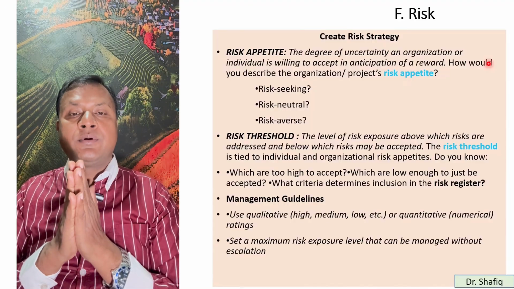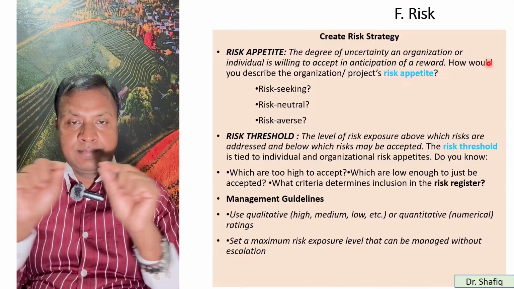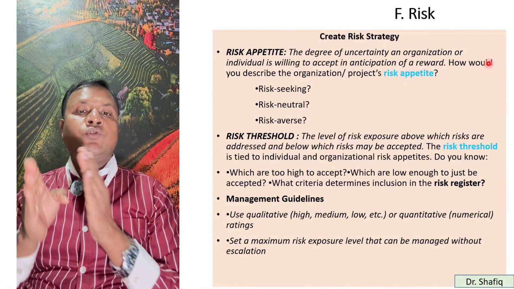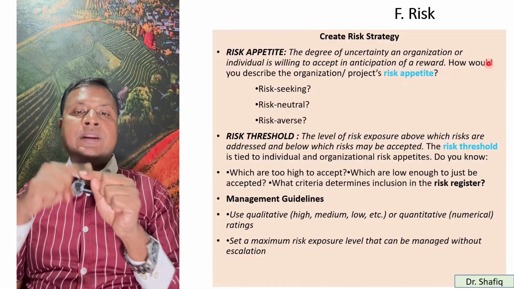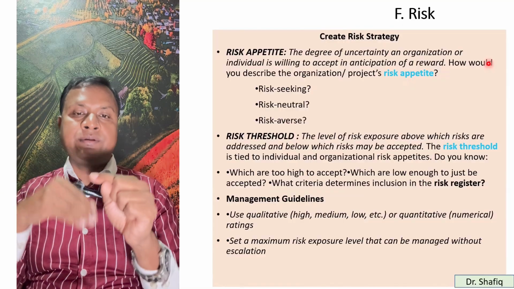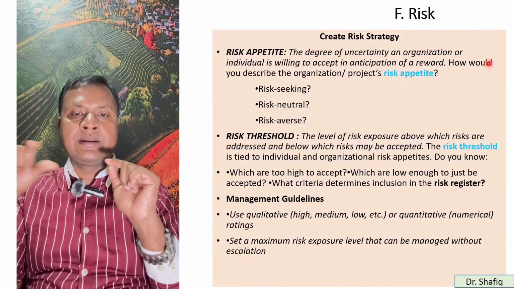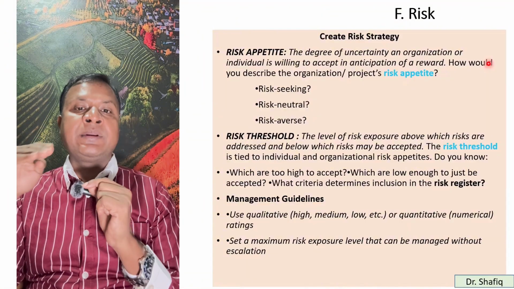So for example, if you have a budget of 1000 taka, and you have a limit that 100 taka you can increase or decrease, that means your limit is 100 taka. The highest amount is 1100.